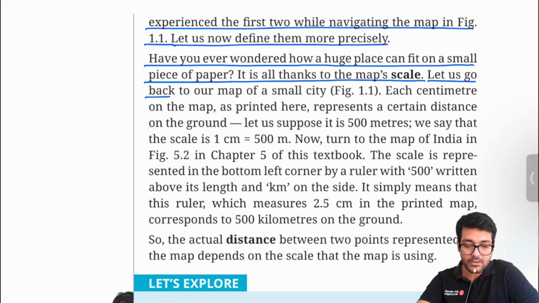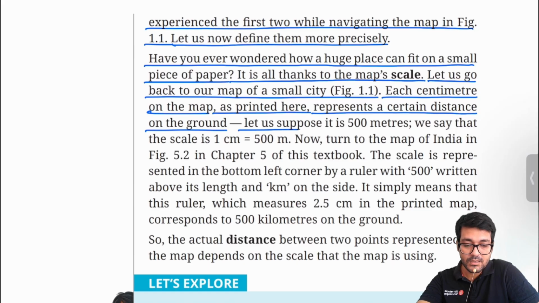Let us go back to our map of a small city, Figure 1.1. Each centimeter on the map, as printed here, represents a certain distance on the ground. Let us suppose it is 500 meters. We say that the scale is 1 centimeter is equal to 500 meters.